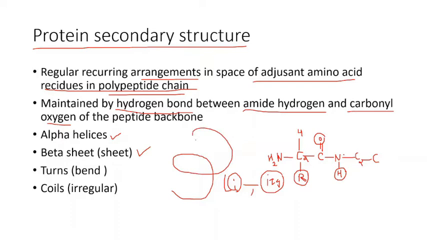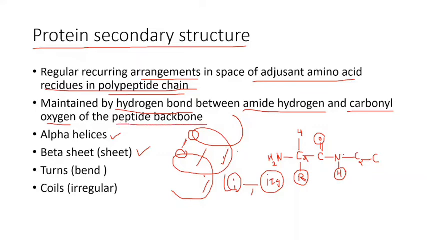This is like alpha helices, and the amino acids present over here and over here will have this hydrogen bonding. Some hydrogen bonds are present here, some there, and due to these hydrogen bonds they form a structure like that, like a peptide backbone.